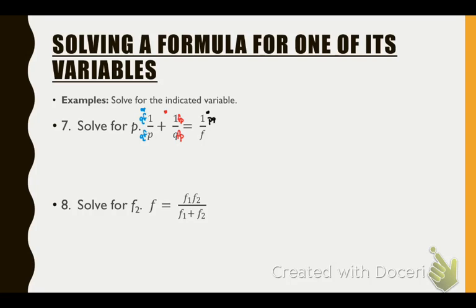P and Q. Isn't QF plus FP equal to PQ a lot easier to work with? Is it easier to work with than fractions? Yeah?